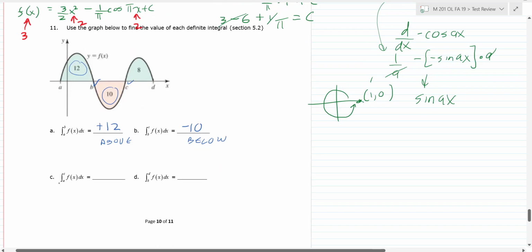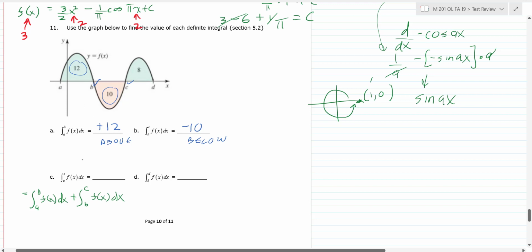Now if you go from a to c, we have to break this up into two integrals. You learned this property. We can split this up, so we're going to end up getting the integral from a to b of f of x dx plus the integral from b to c of f of x dx.